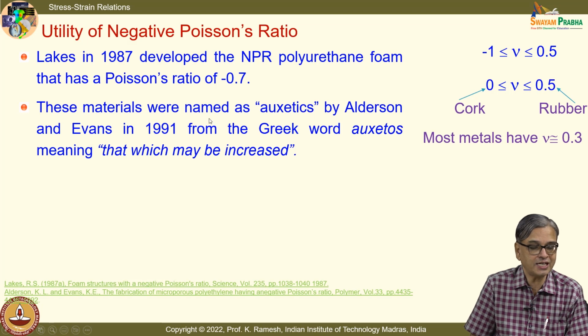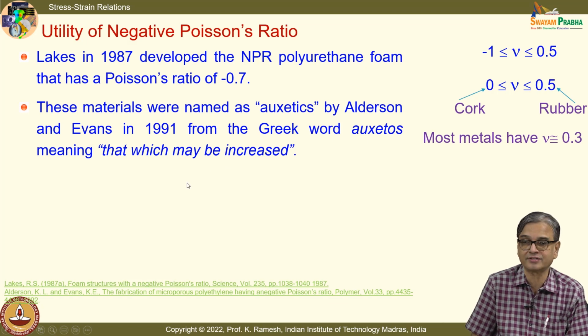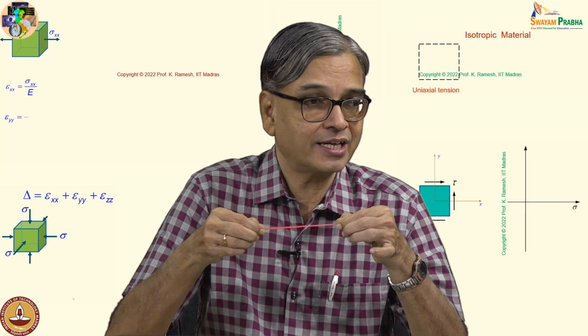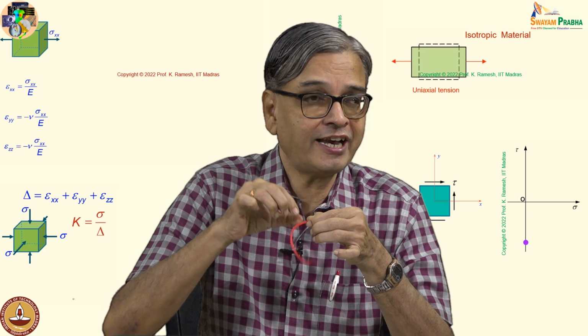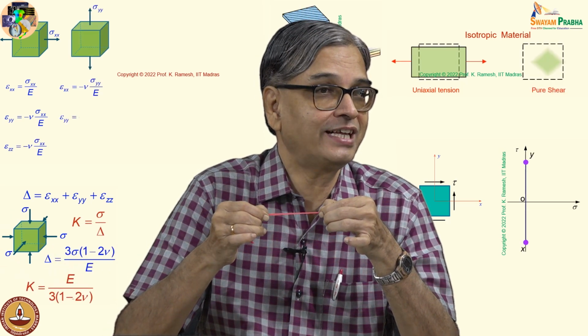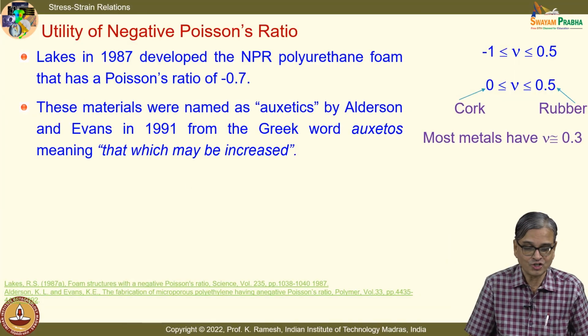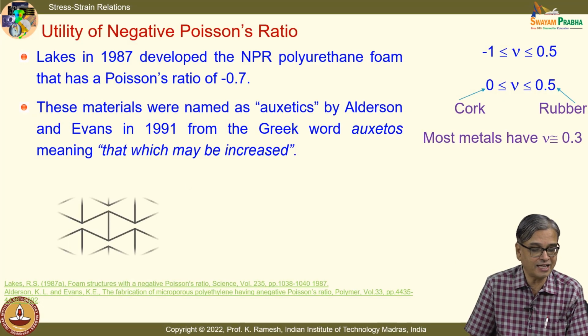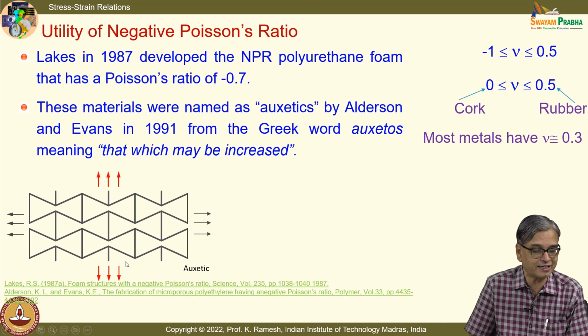Such materials were named auxetics, from the Greek word auxetos, meaning that which may be increased. That means when I stretch it, instead of laterally contracting, it bulges out. You get the idea? That is achieved by a different structure of the material.